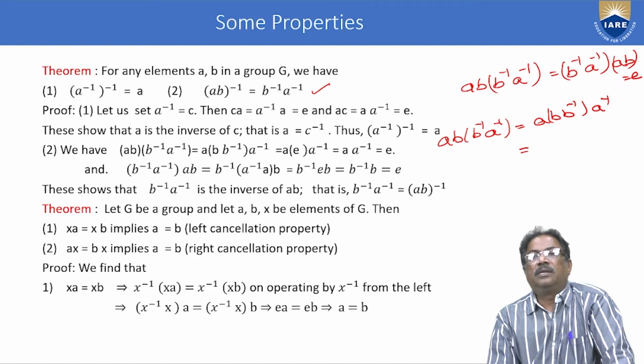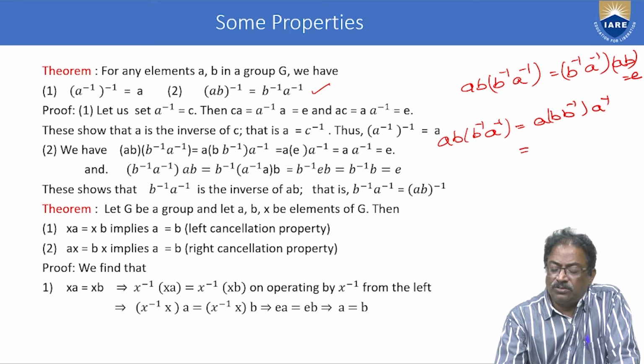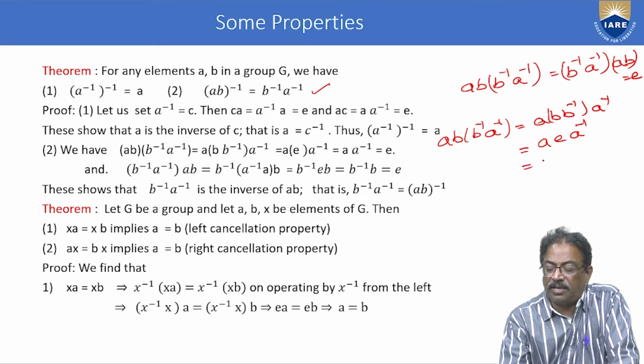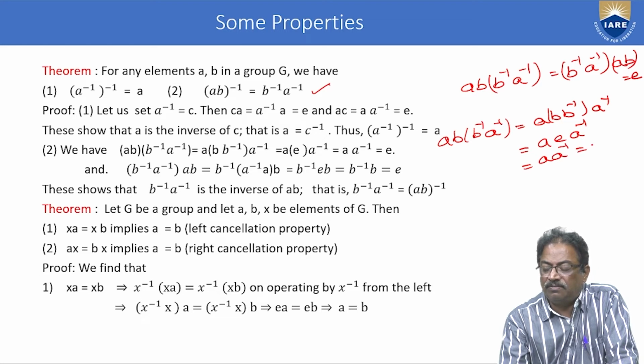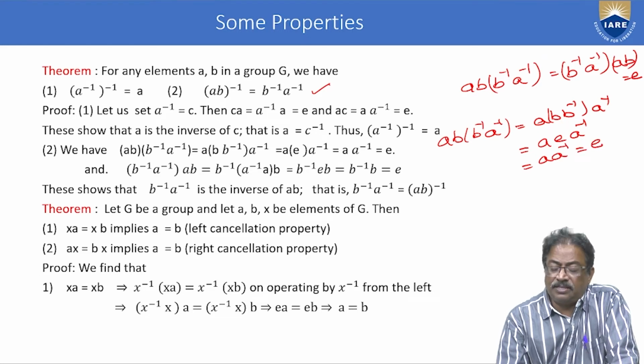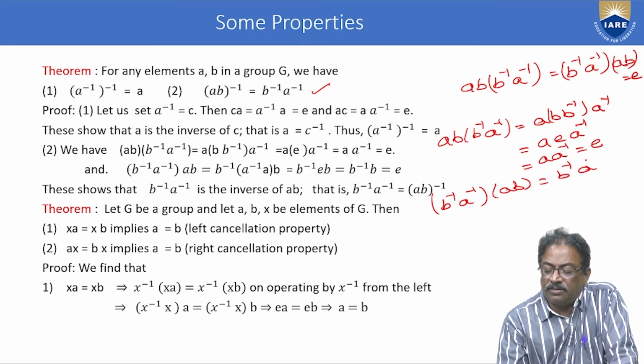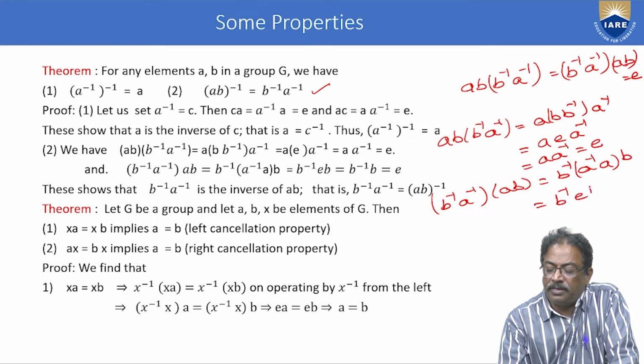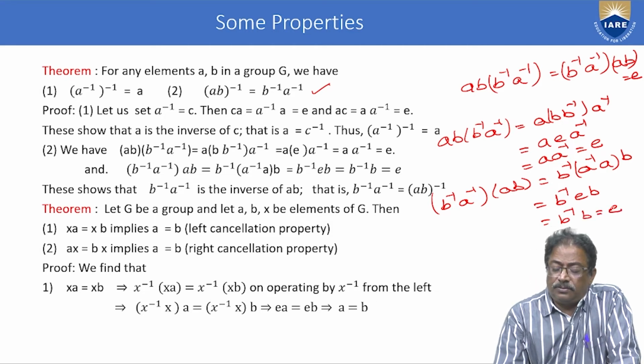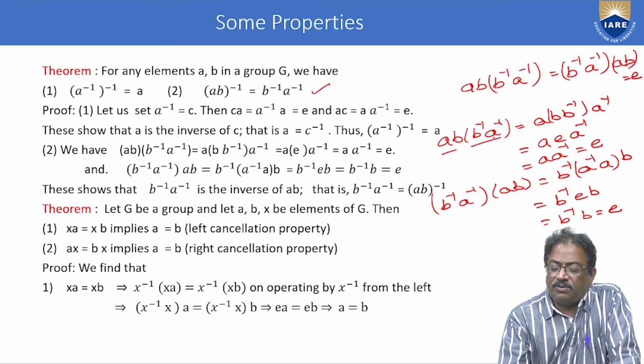Because it is a group, it satisfies the associative law. So I am going to write it like this: A, E, A inverse. E is the identity element, so multiplying with A, we get A A inverse, which is equal to E. In the same way, B inverse A inverse AB is equal to B inverse, A inverse A, B, so it is B inverse E B, so it is B inverse B, which is E. So this is the inverse of this.